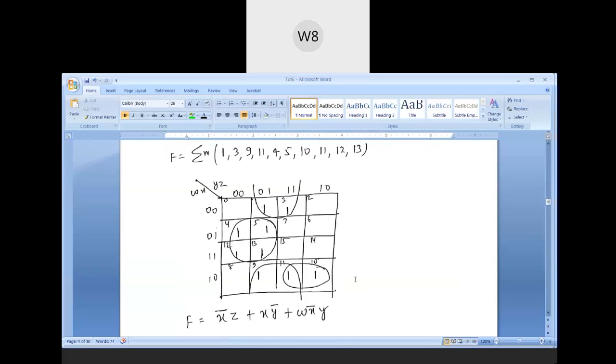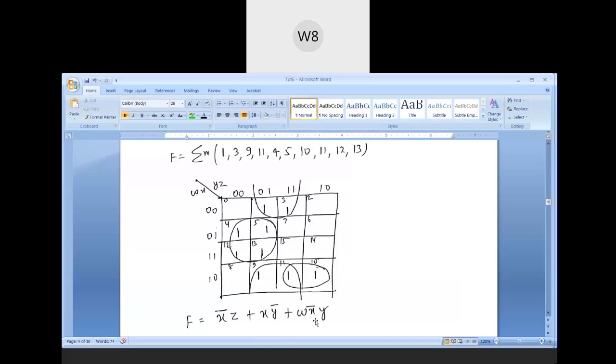So here you can see that this is one of the possible solutions. There are two groups consisting of 4 ones and one group consisting of only 2 ones, because this one is left out. So this should be paired, and this is the only neighbor possible, the 11th cell.